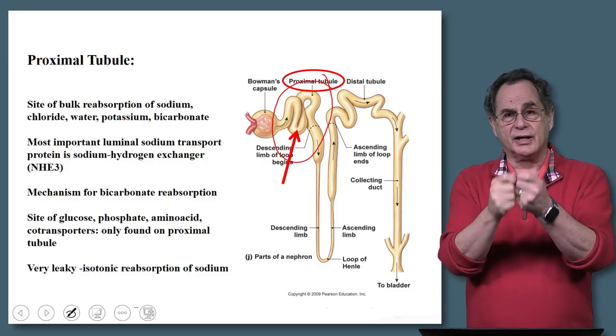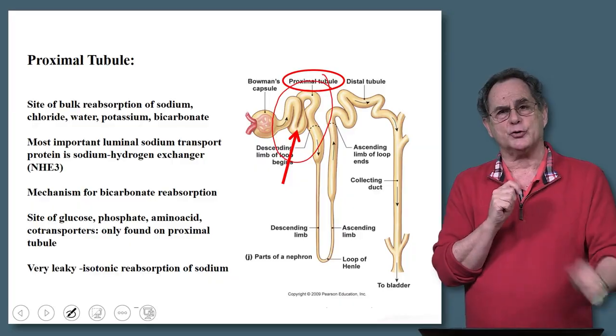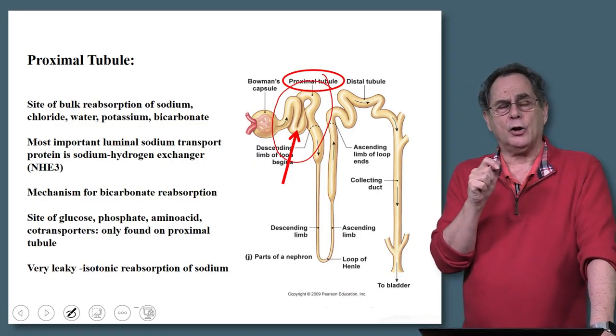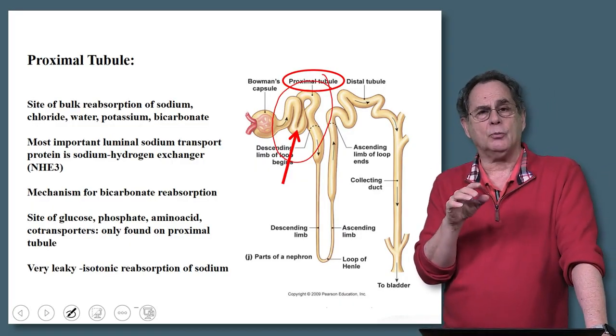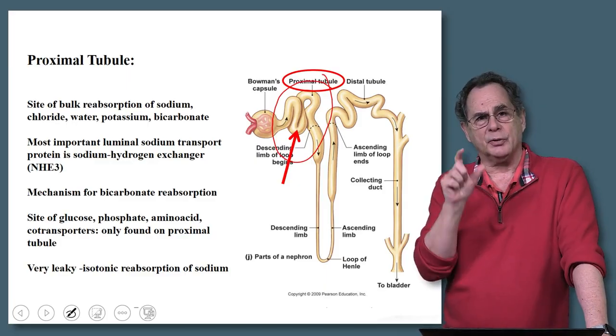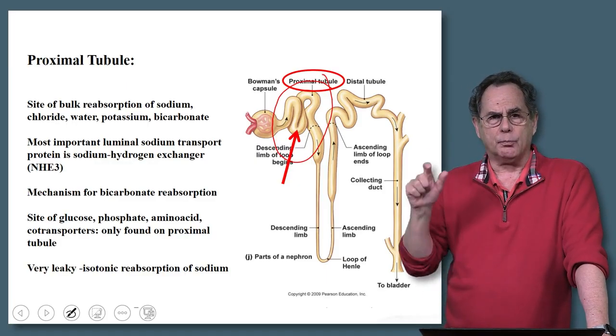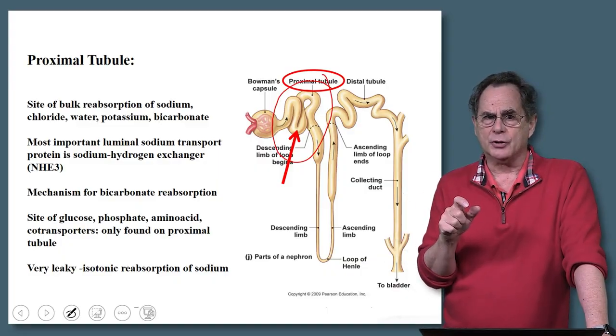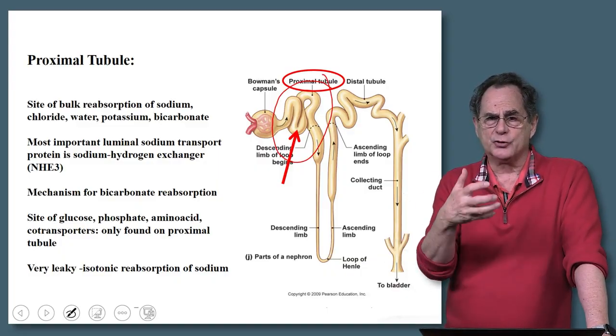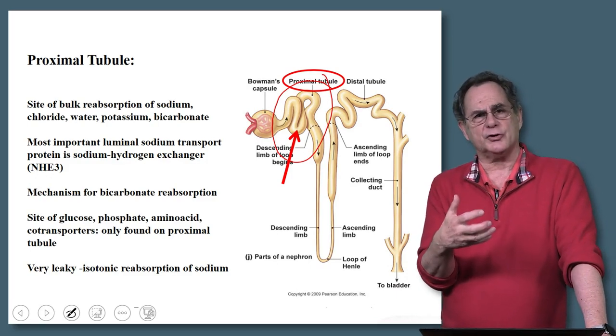That allows the kidney to reclaim those solutes from the ultrafiltrate and to play some role in regulating their excretion. Particularly things like glucose and amino acids, so carbohydrates and proteins, are ones that the kidney wants to preserve and doesn't want to excrete.